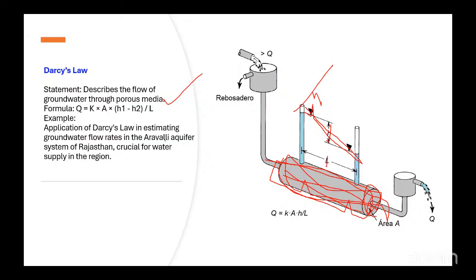An application of Darcy's law is estimating groundwater flow rates in the Aravali aquifer system of Rajasthan for water supply in the region. This is one of the best examples of the use of Darcy's law, which we are presently following in the Rajasthan Aravali aquifer system.